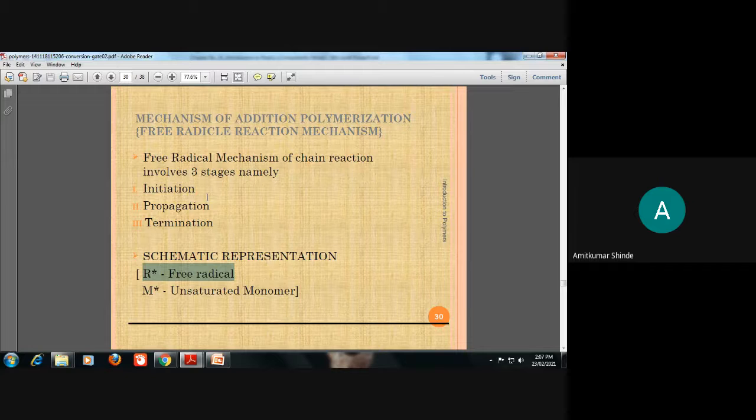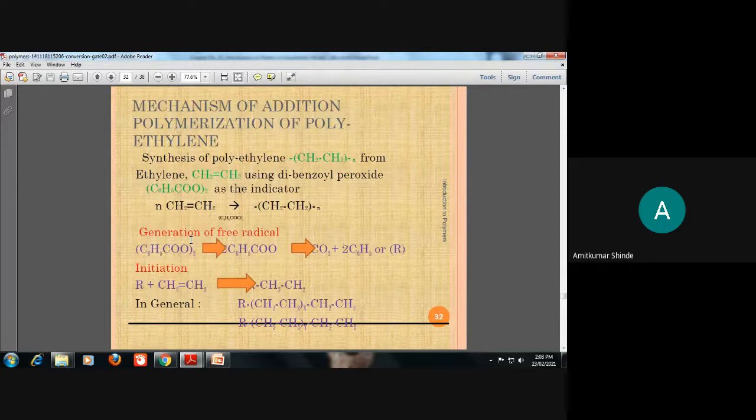Three stages will be there in this polymerization: initiation, propagation, and termination. Now, how these three stages exactly occur, we will discuss in the next slide.